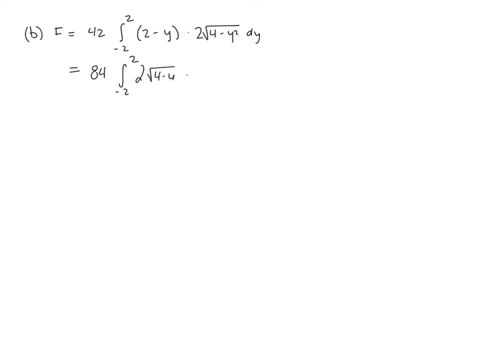So for part B, the force will equal 42 integral -2 to 2 of 2 minus y times 2 square root 4 minus y squared dy, or 84 integral -2 to 2 square root 4 minus y squared dy, minus the integral from -2 to 2 y root 4 minus y squared dy.